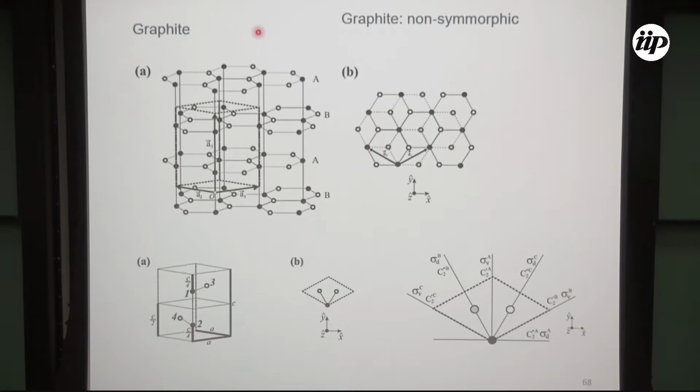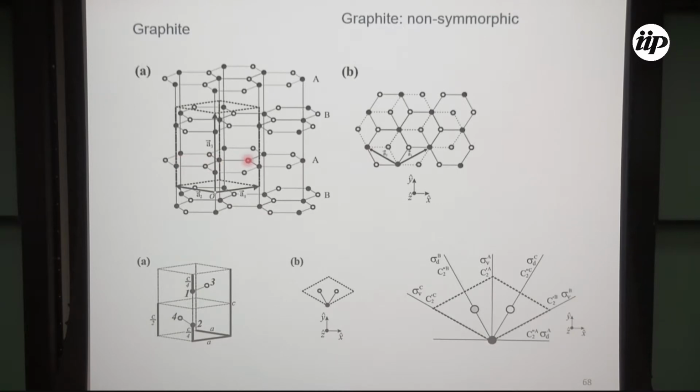Yesterday we talked about symmorphic and non-symmorphic groups, okay? And I commented that I would give an example. Graphite is a non-symmorphic group. This is the graphite structure, okay? We have this plane here, and we have a very equivalent plane here, but this is what we call A-B stacking.